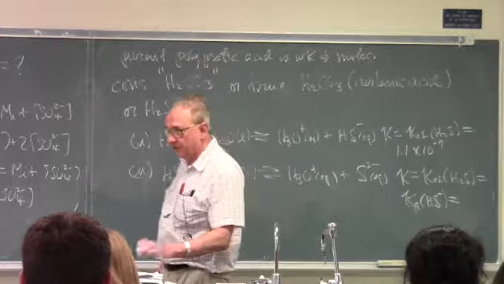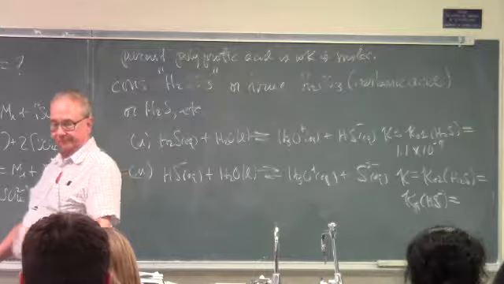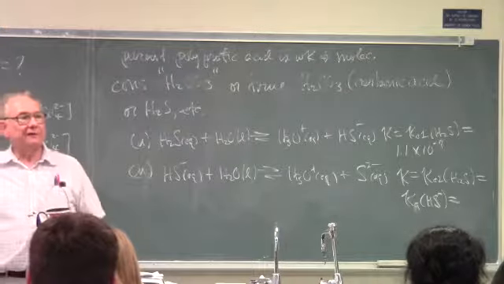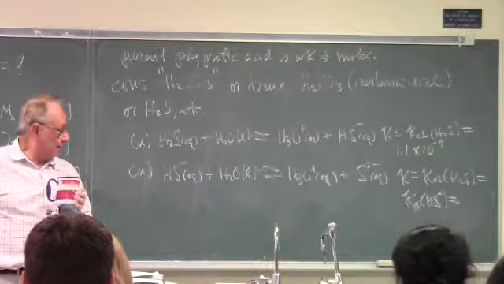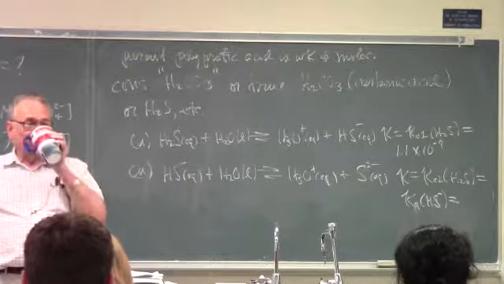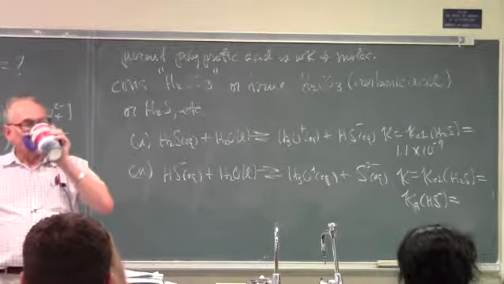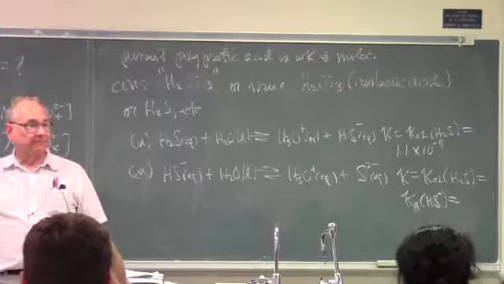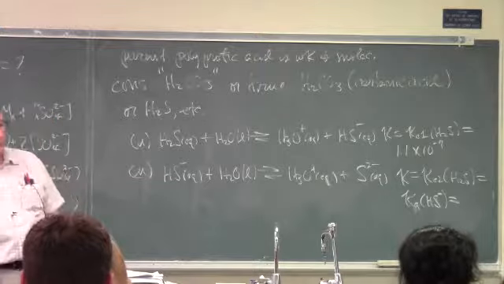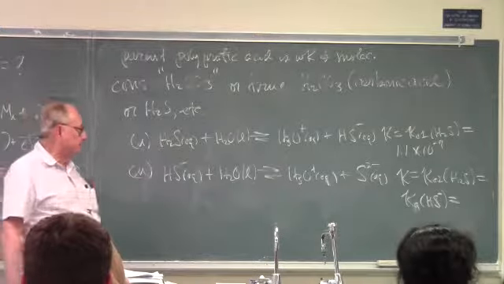Now then, don't look at the acid-base table. I want you to tell me something about the size of this number. That's Ka for HS minus, relative to Ka water. Ka water is 1.8 times 10 to the minus 16.